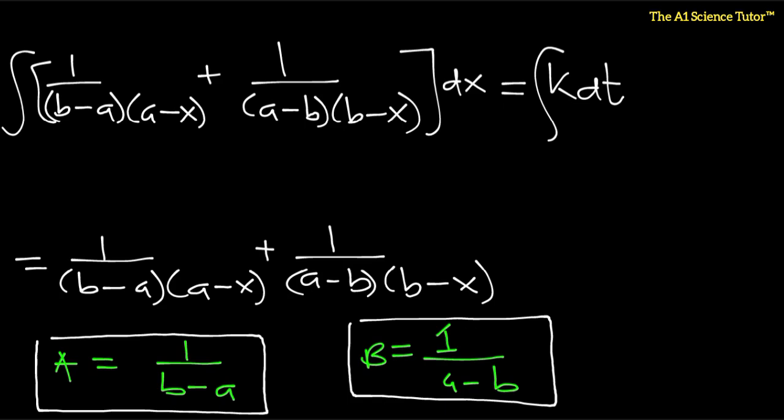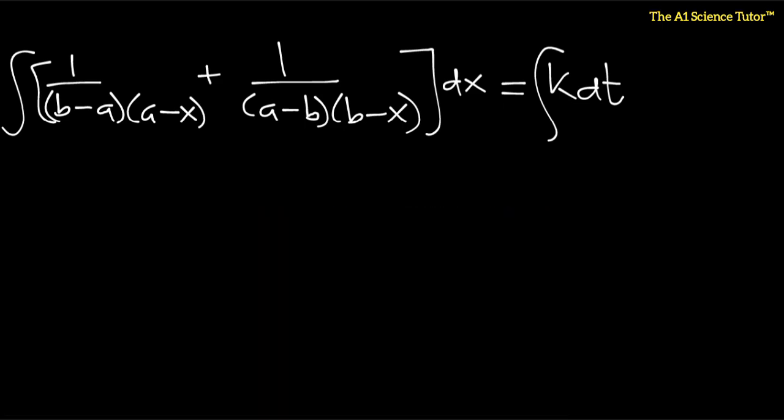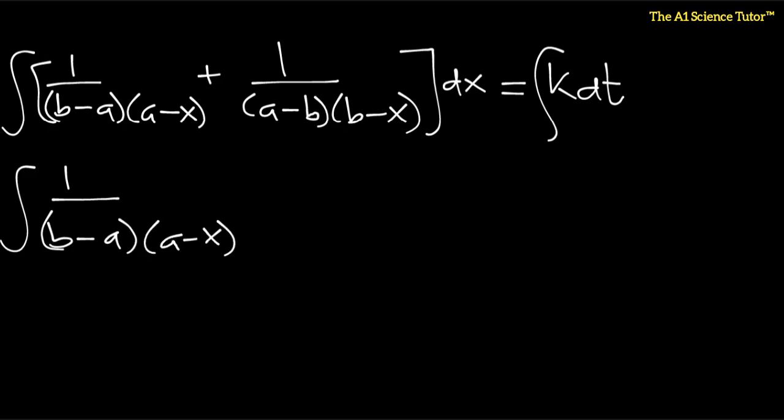Now what we need to do in the next step here is actually to split the integral sign over each term inside of the expression. Now if I did this, this is going to be integral 1 divided by b minus a, and this will be a minus x. And I think I'm going to have a dx, so that should be there.